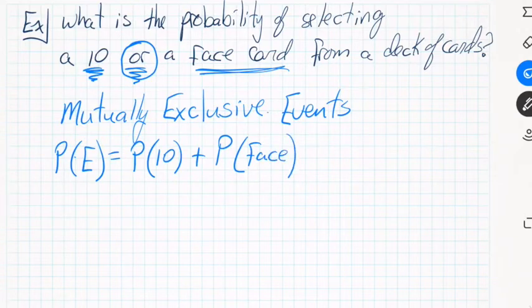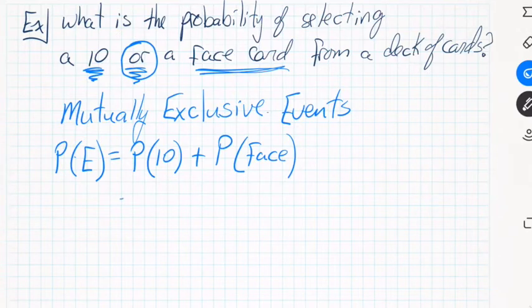So the idea of or turns into plus. I should be a little bit more cautious: mutually exclusive is only addition between two probabilities. When it becomes not mutually exclusive, we're going to have to deal with it a different way.